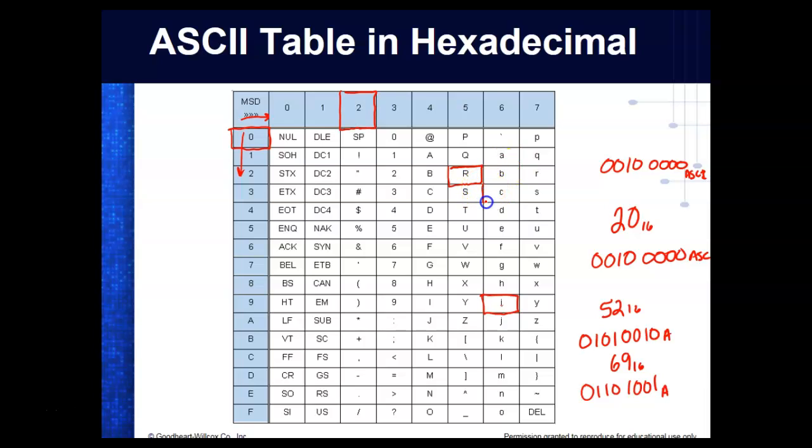Then C is column 6, row 3, which is 63 ASCII. Then H would be column 6, row 8, which is 68 ASCII. So that's my name.